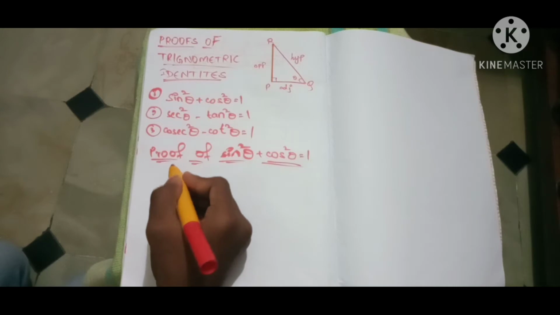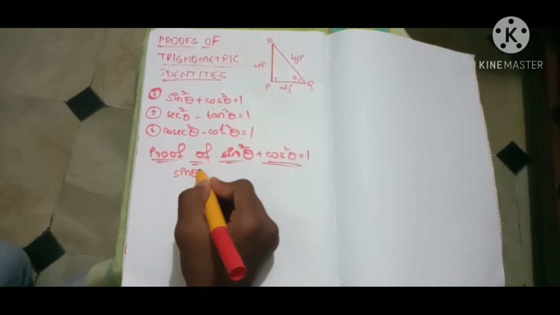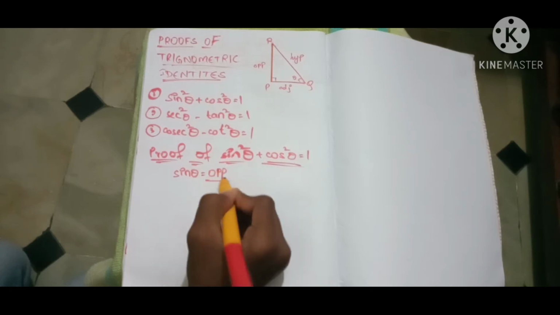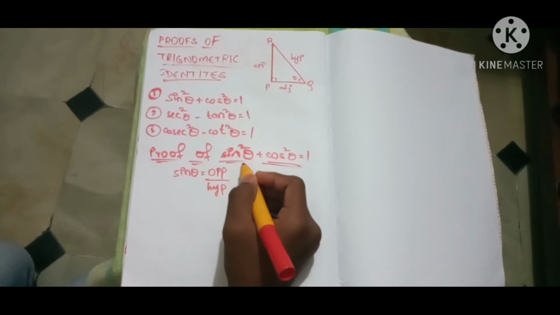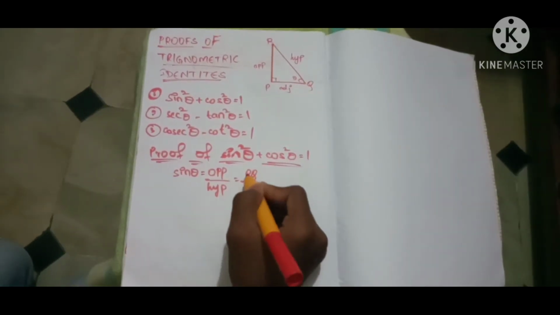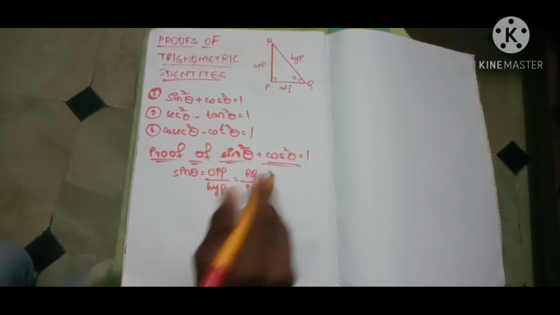The sin theta formula is opposite by hypotenuse in triangles. What is the hypotenuse here? RQ by PR.